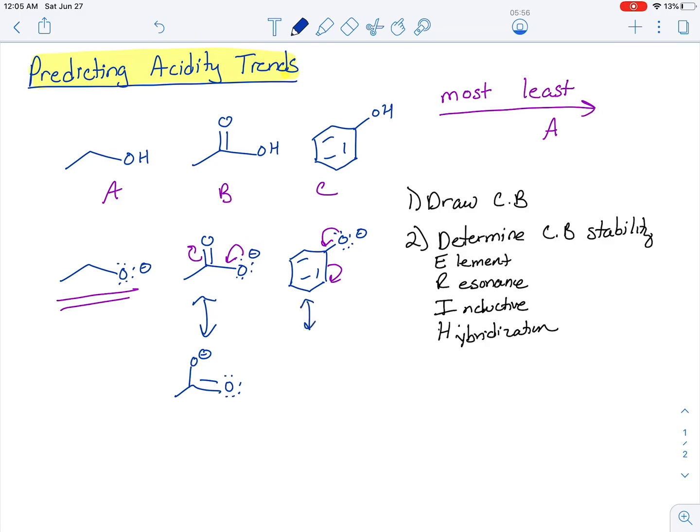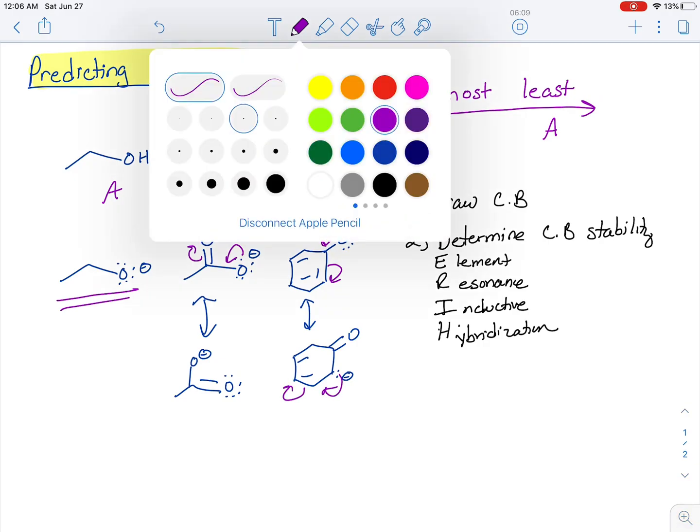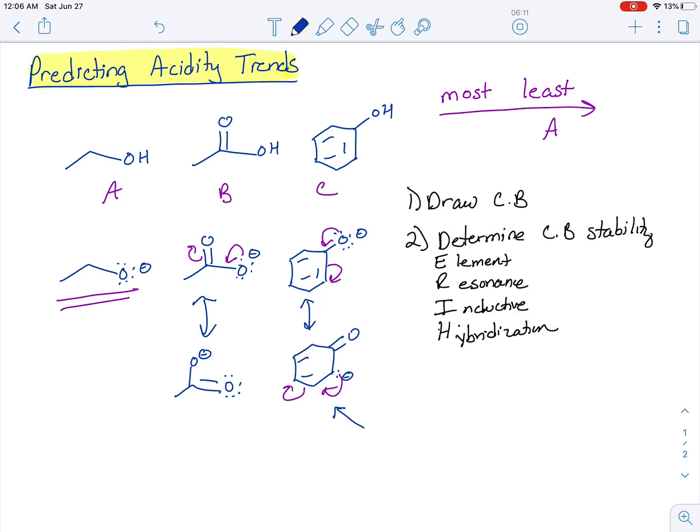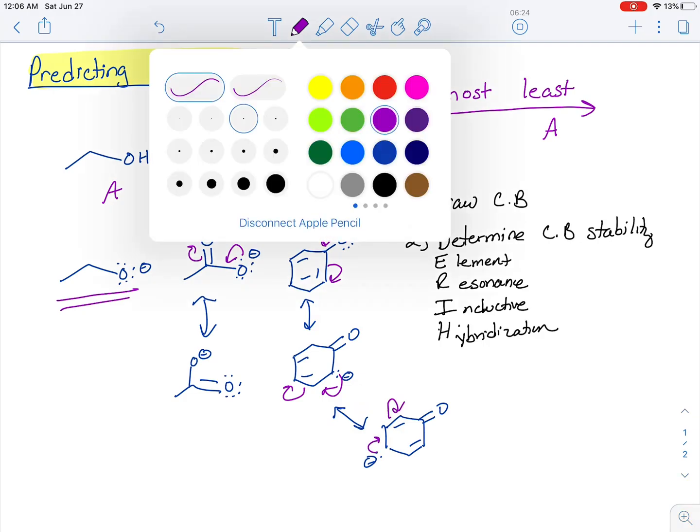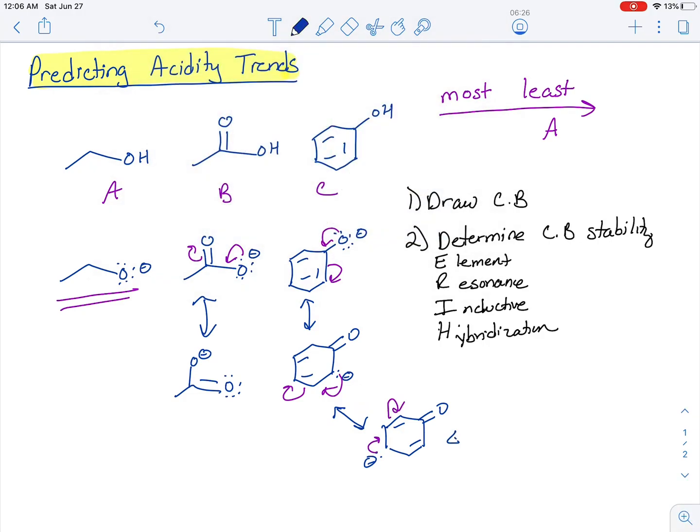Then this one would end up here. And then we can draw another resonance structure, and we end up with this. And we can draw another, and we end up with this.